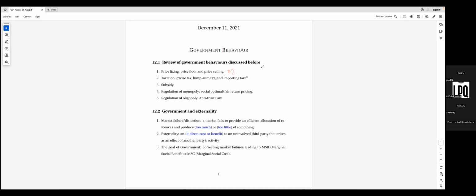So price floor is the minimum price regulated and imposed by the government, to set up a binding, effective policy to make sure your price floor is above the market equilibrium.